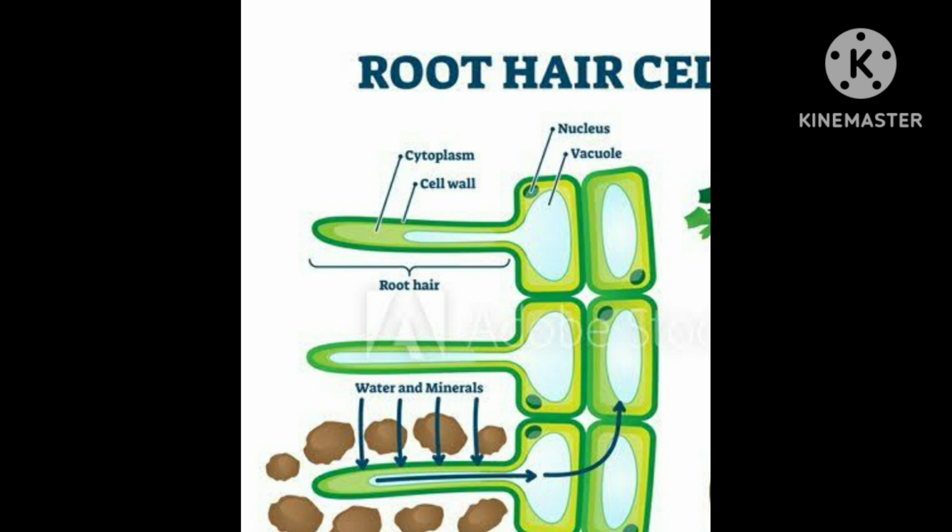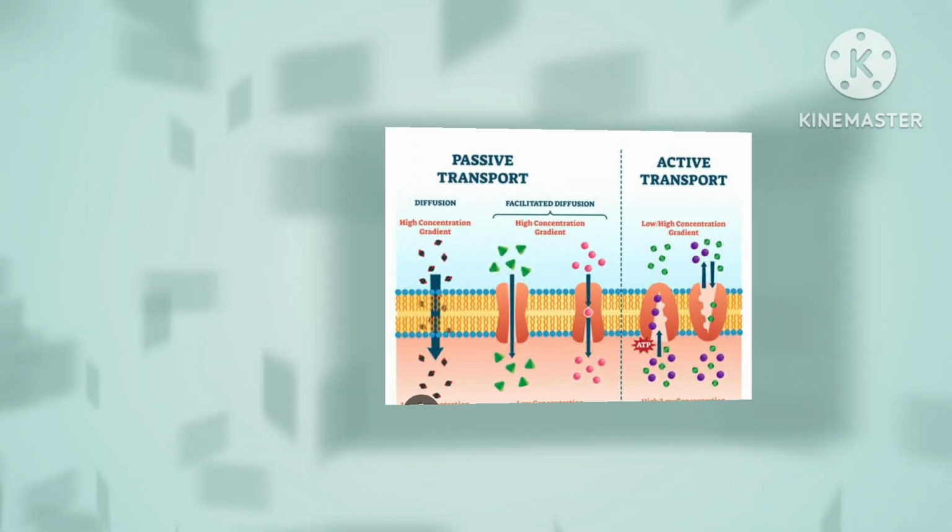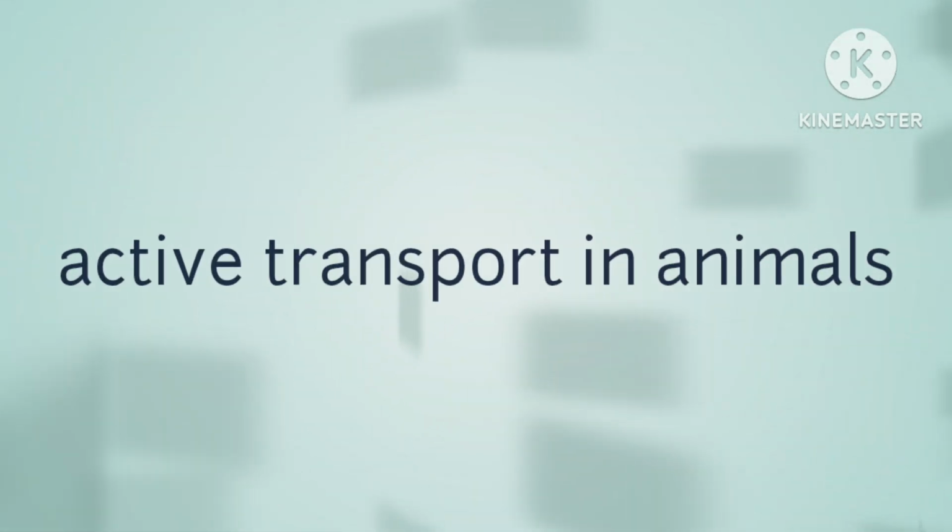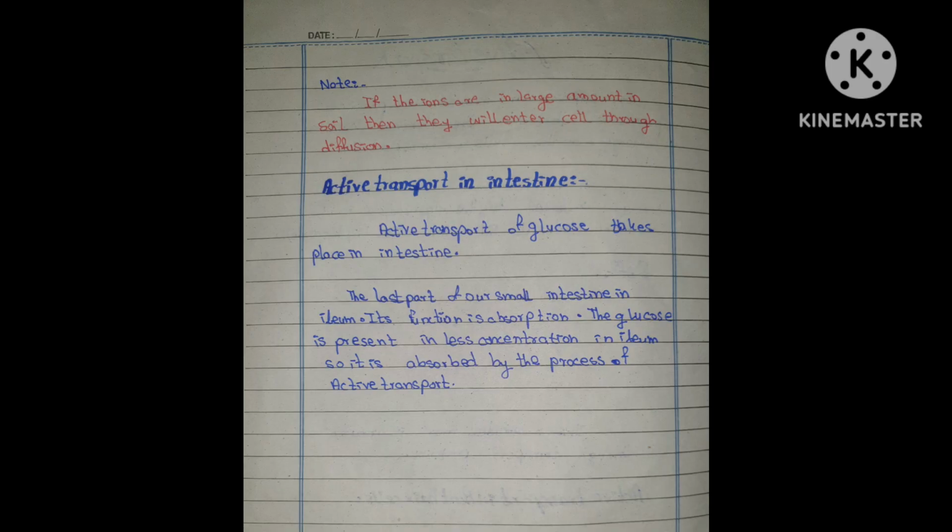After this, we're going to talk about an example of active transport in animals: active transport in the small intestine. Active transport also takes place in the small intestine for glucose. Glucose is a sugar. The last part of our small intestine is called the ileum.